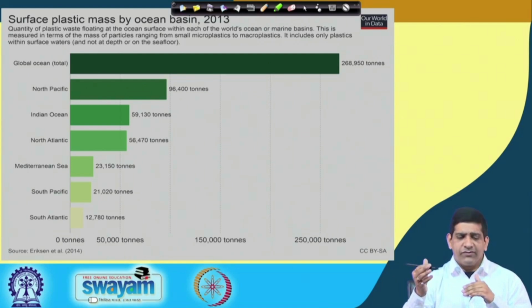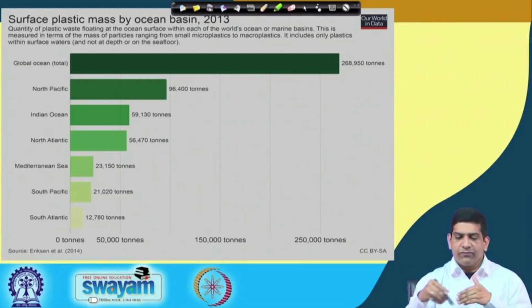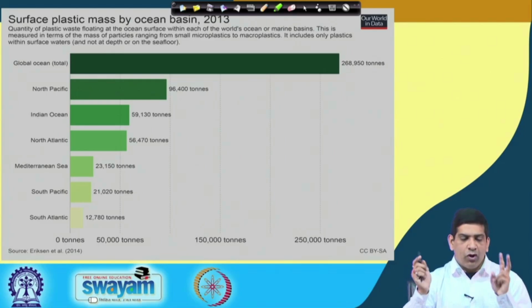This study talks about the quantity of plastic waste floating on the ocean surface within each month of each of the world's oceans, or marine debris. It is measured as the mass of particles ranging from small microplastics to macroplastics, and includes only plastic within surface water, not at depth or on the seafloor.